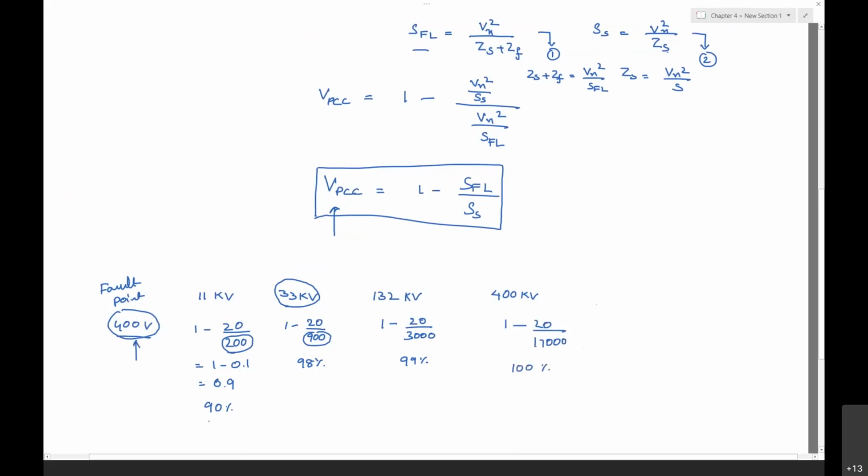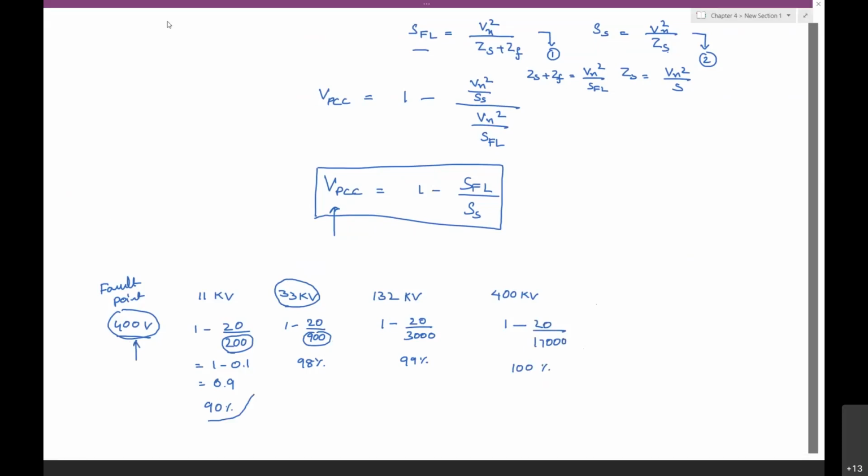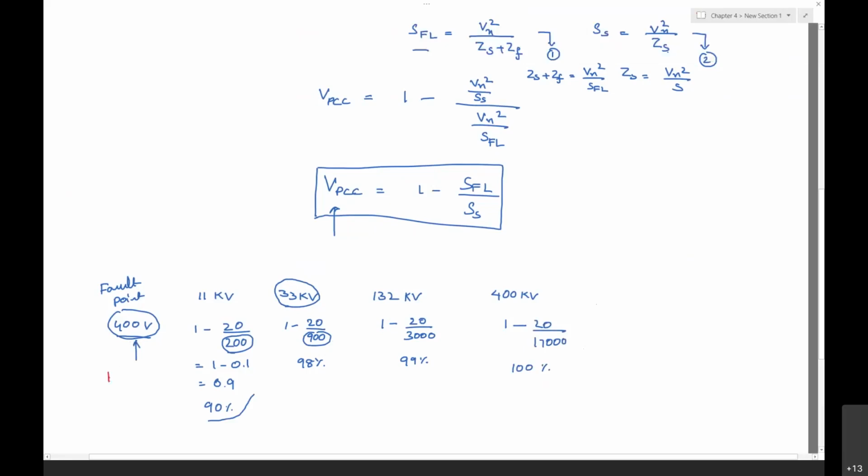With this, you can understand that when the fault has occurred at 400 volts, the voltage magnitude at the 33 kV line is 98 percent, at the 132 kV line is 99 percent, and at 400 kV is 100 percent. The point is, when the fault occurs at a lower system or lower voltage level, the impact at the transmission level is very, very less.